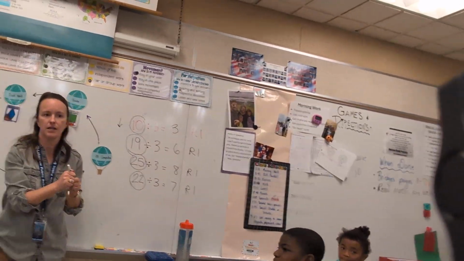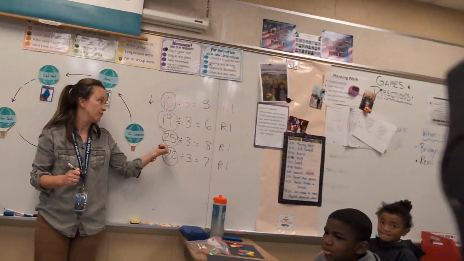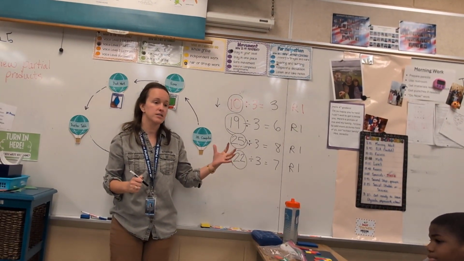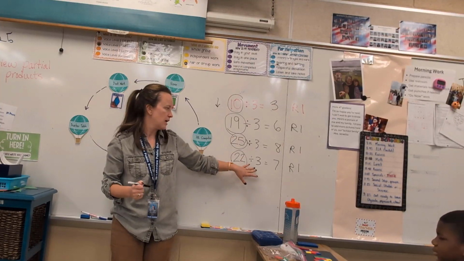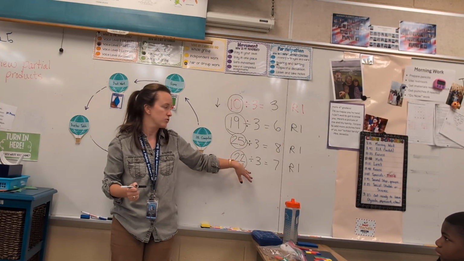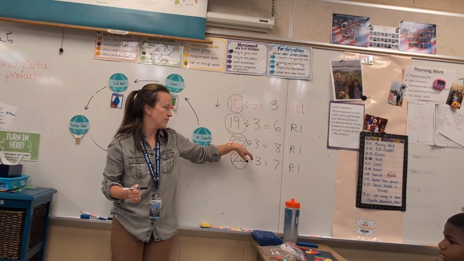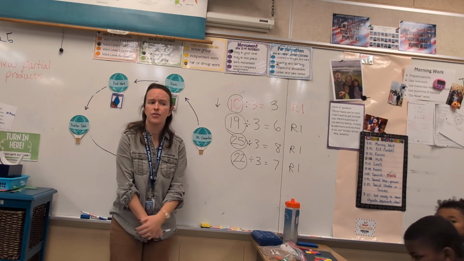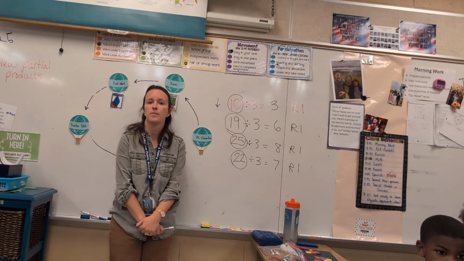Did anybody get a number that's larger than 25? Let's say we did another 3. We already had 25. Let's do 25, add 3 more to that. What number would you get?